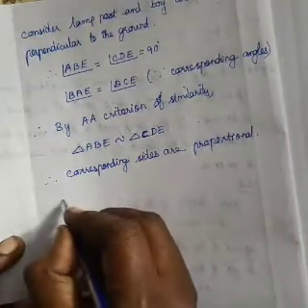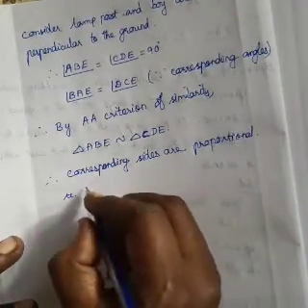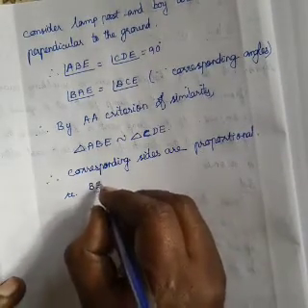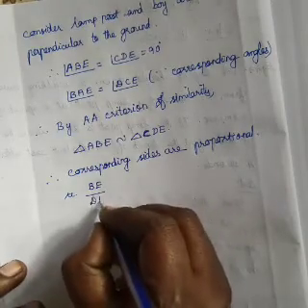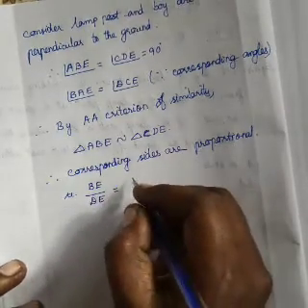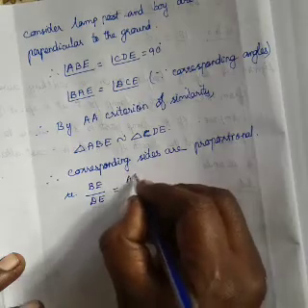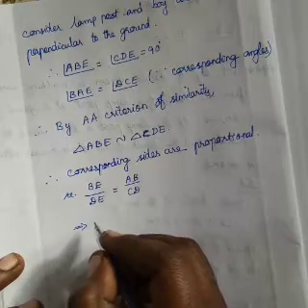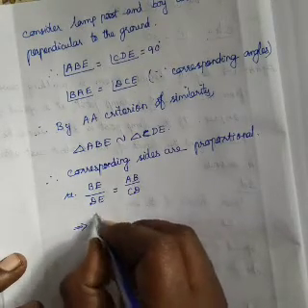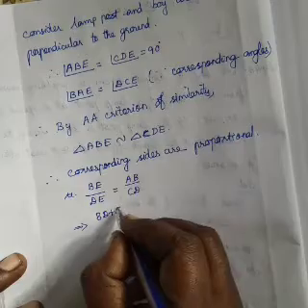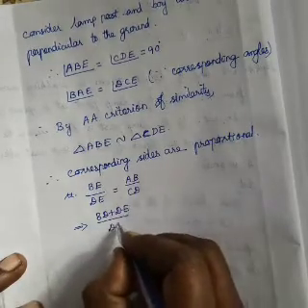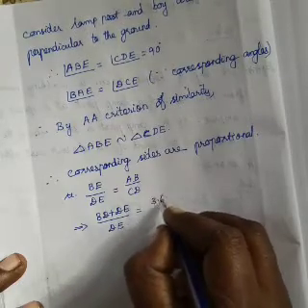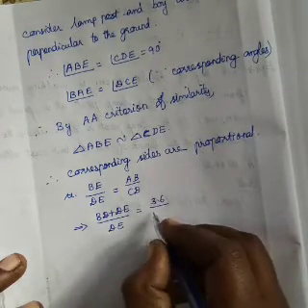Corresponding sides are proportional, that is, the ratios are equal. So we can take BE divided by DE is equal to AB divided by CD. What is the BE value? It is BD plus DE, divided by DE, equal to the AB value we know it is 3.6, divided by CD value, which is also given.